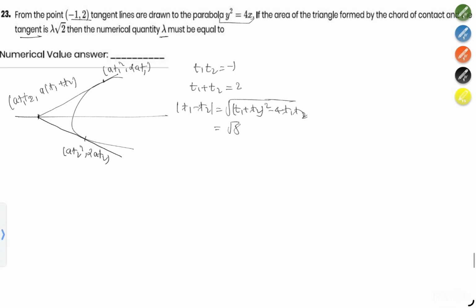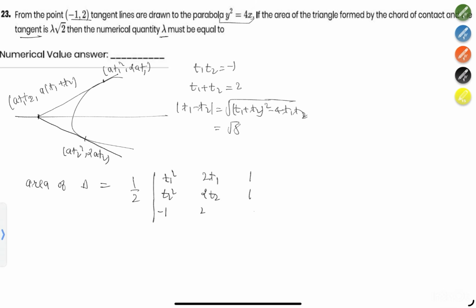So the area of the triangle is half times the modulus of the determinant with rows (t1², 2t1, 1), (t2², 2t2, 1), (-1, 2, 1). We haven't taken a here because the value of a is given to be 1, so there is no point of taking that.